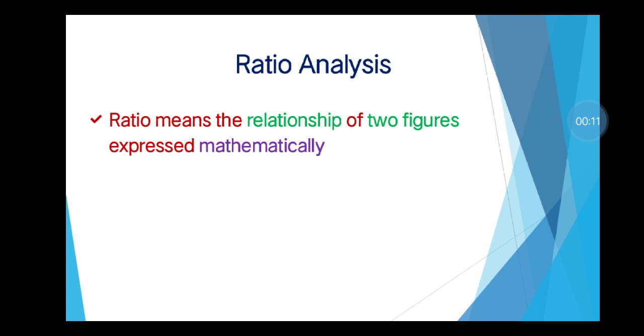Today we are moving to the most important part of our syllabus, that is ratio analysis. So, what does a ratio mean? A ratio shows the relationship between two items or two variables. What kind of relationship is it? It is the quantitative or mathematical relationship between two items or two variables.